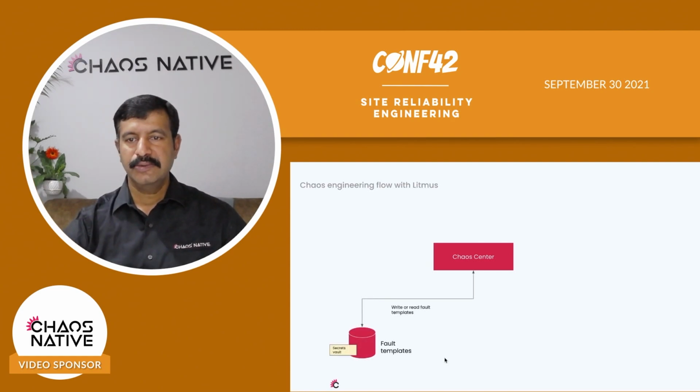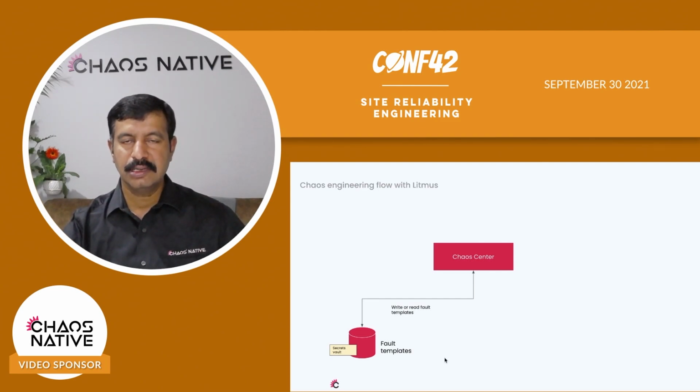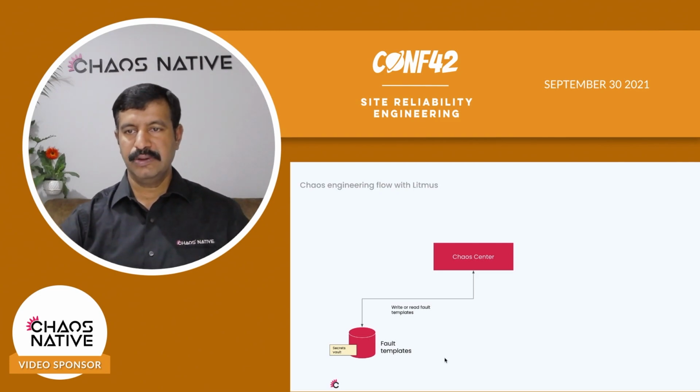And your goal is to write fault templates or chaos engineering, chaos workflows into a database. It could be a Git backed database or the database that is provided by Chaos Center itself, like MongoDB or Percona.